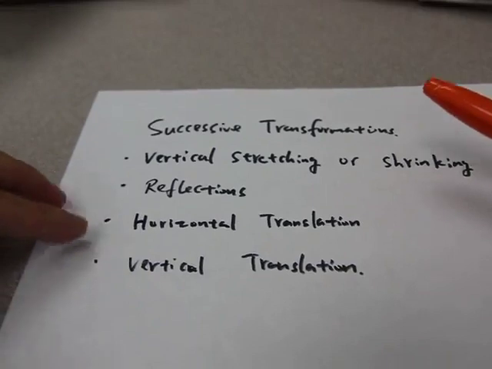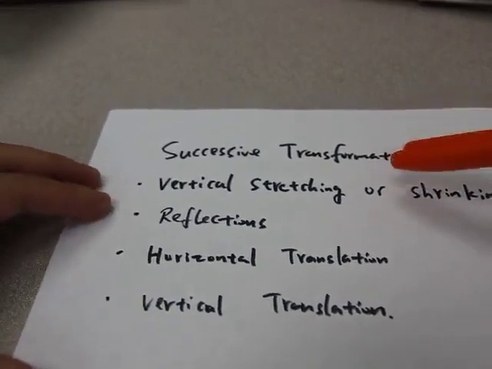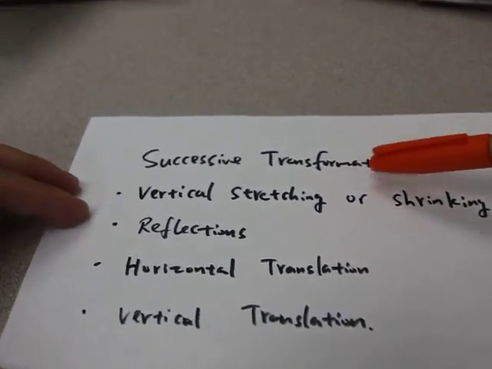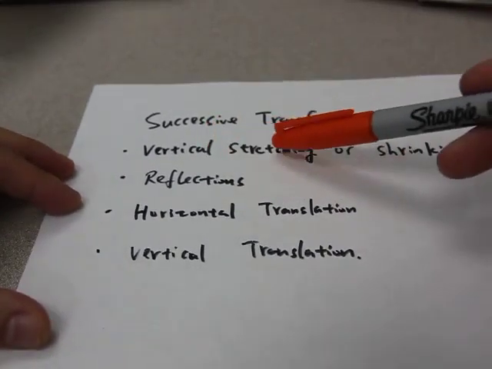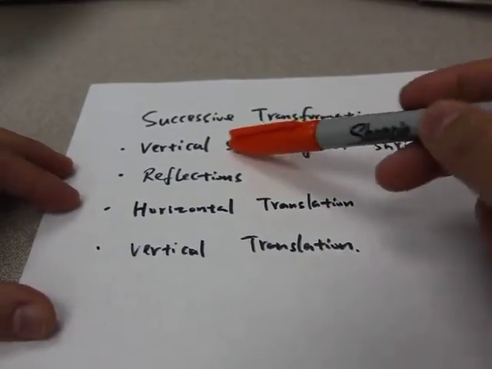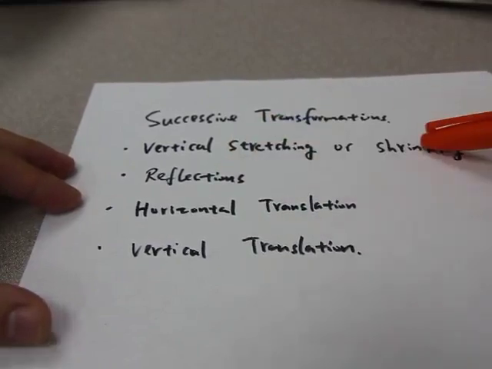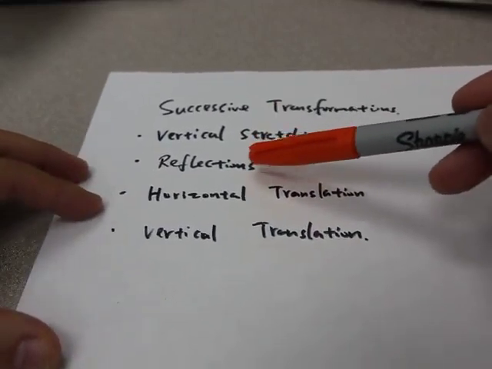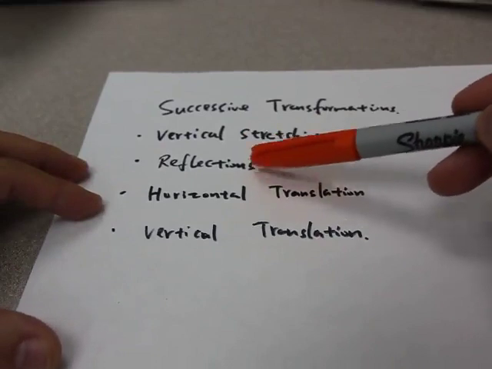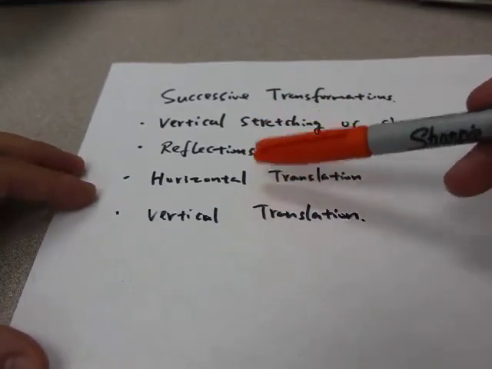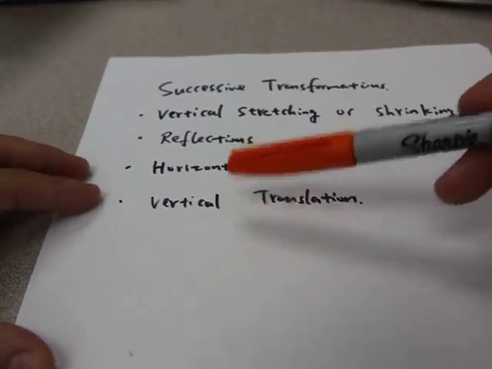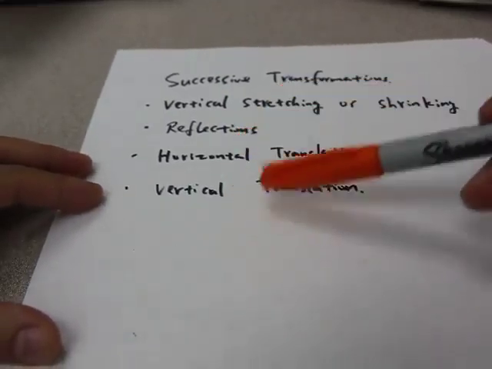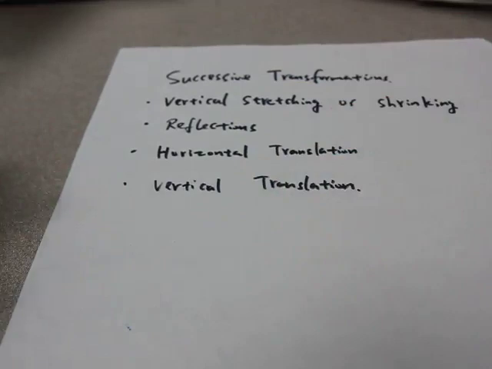So in general, we suggest students do the transformations in this order. If there is a vertical stretching or shrinking, then we want to do this first. And then next, if there is a reflection, then we do the reflection, and then we do the horizontal translation, and we do the vertical translation at the end.